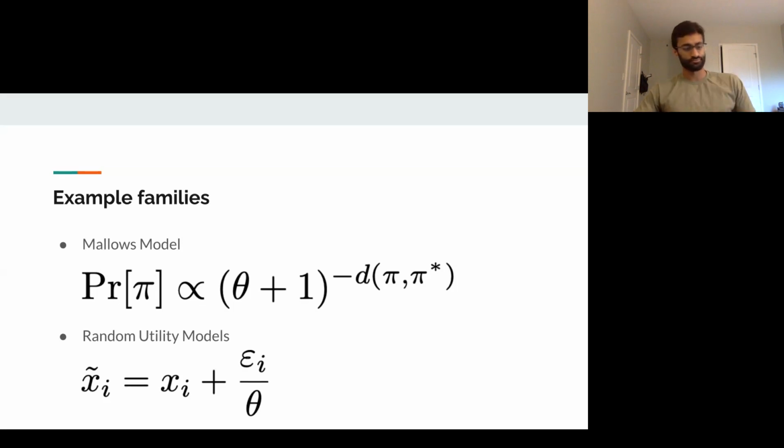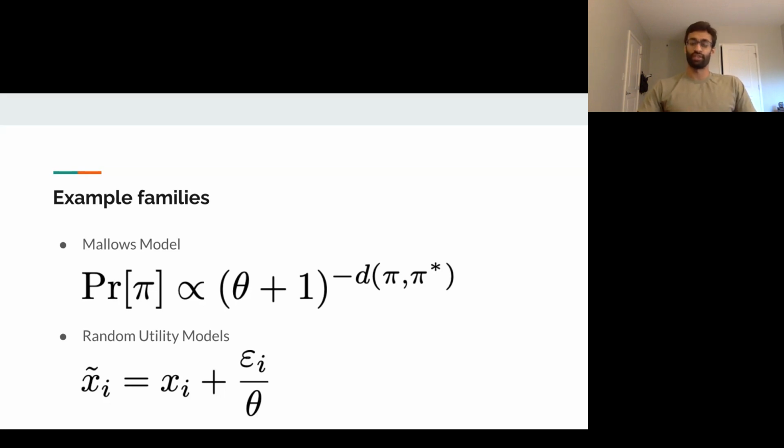The second family of models we'll think about are what's known as random utility models, which just says if you have some underlying utility for these candidates, add noise to those underlying utilities, and then rank the noisy version. So for instance, you could take all of my candidates, add some Gaussian noise to them, and then rank the perturbed utilities of those candidates.